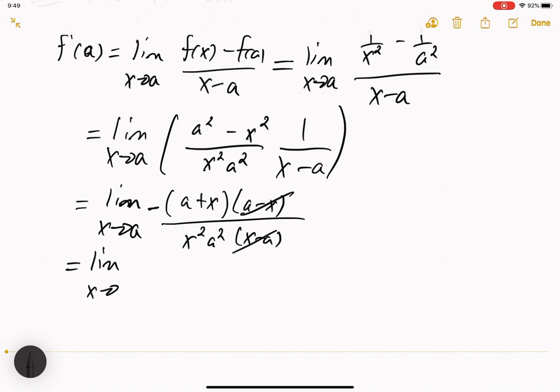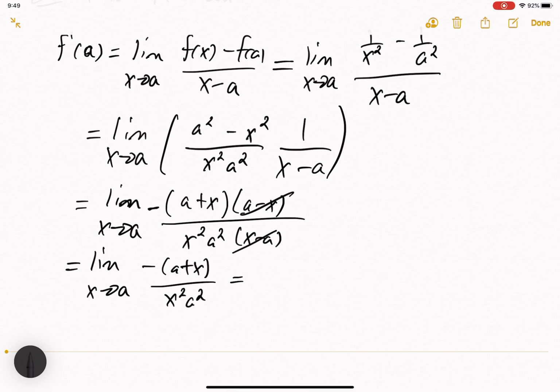So then the last thing we have is the limit as x goes to a of negative a plus x divided by x squared a squared. And now we can plug in a, because this function is just a polynomial divided by a polynomial.